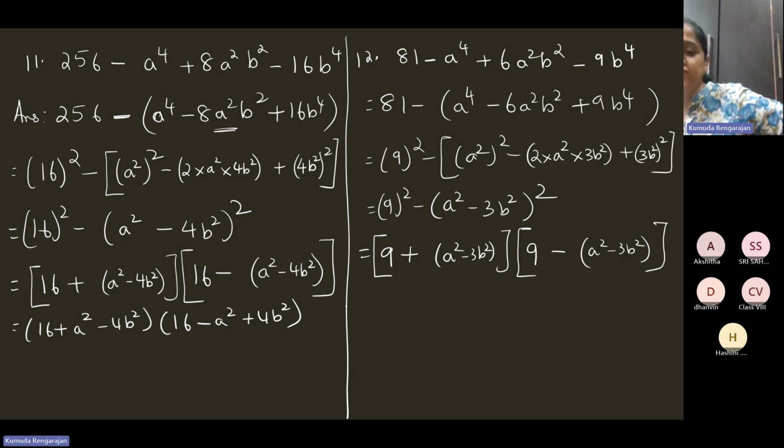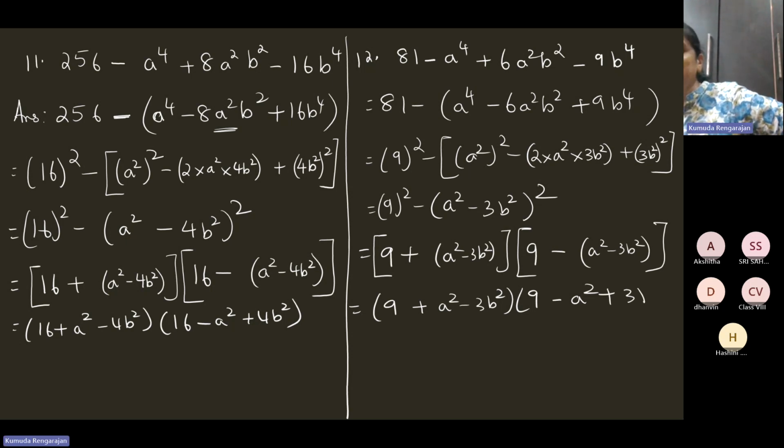Correct. Very good. Yeah, next. 9 plus a square minus 3b square. 9 minus a square minus 3b square. No, minus into minus plus 3b square. Very good, Aditya. Well done. Completed also? Yes.